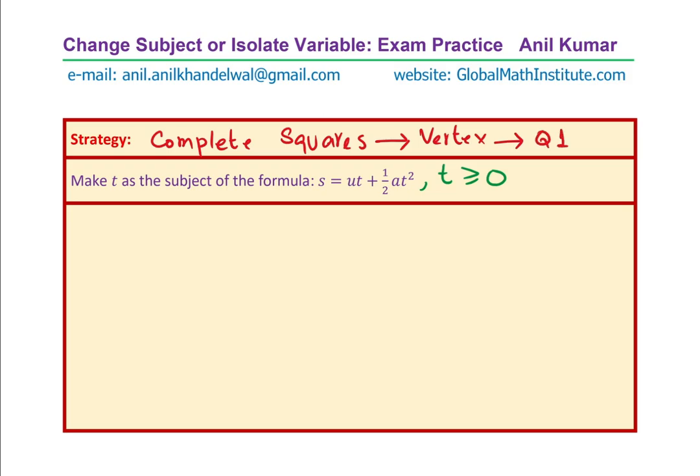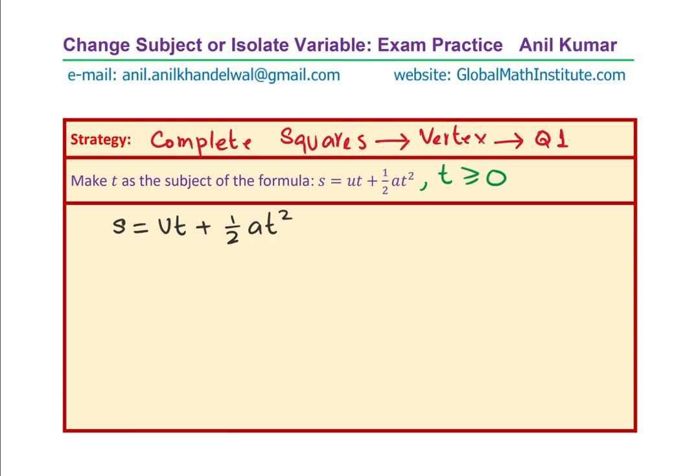So that is what the strategy is. Now let us see, how do we apply the completing the squares method and isolate t in the given situation? Let's begin by writing the question itself, which is s equals ut plus half a t square.